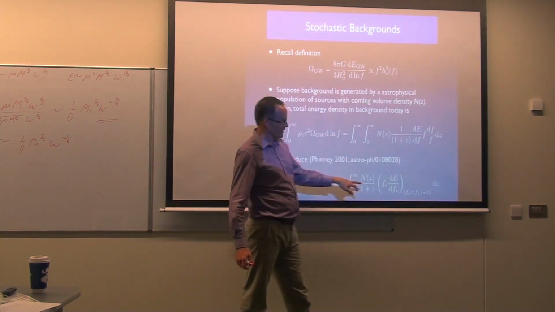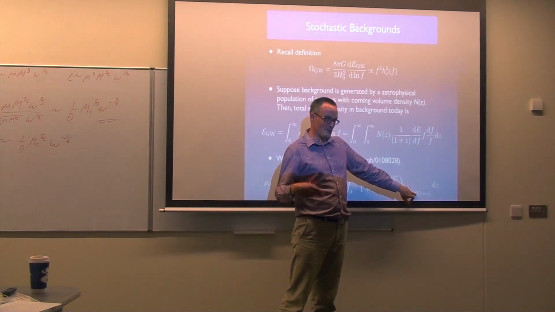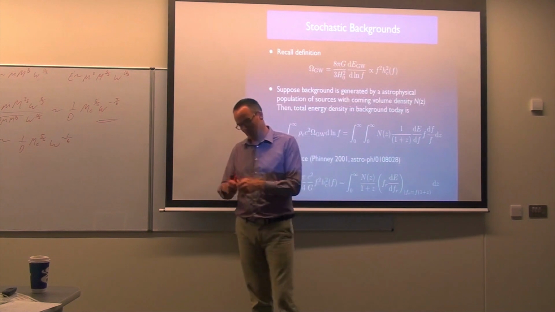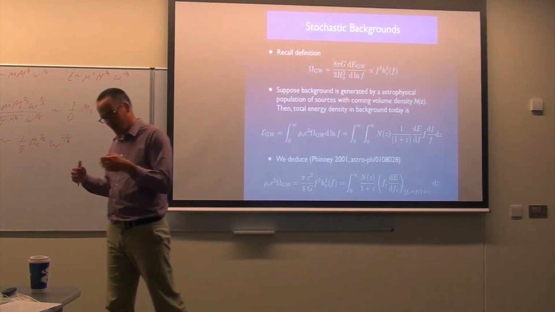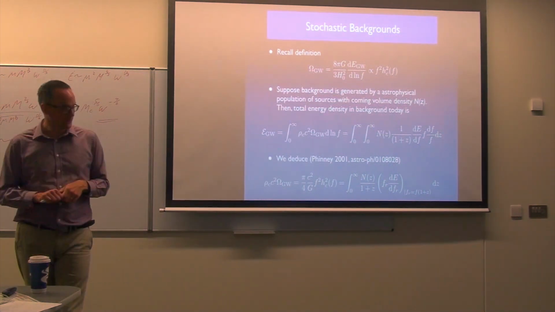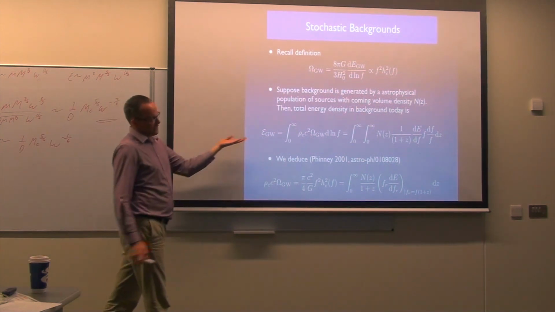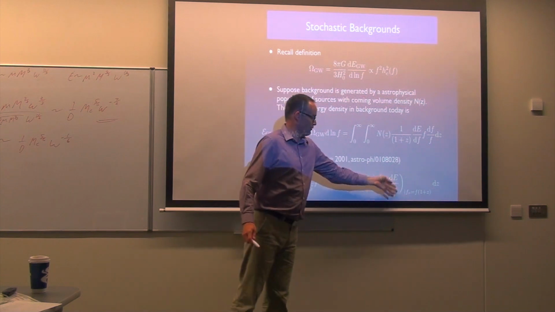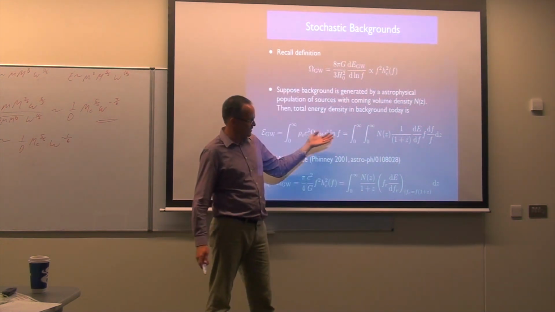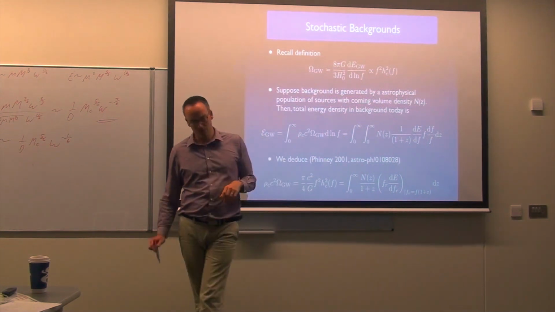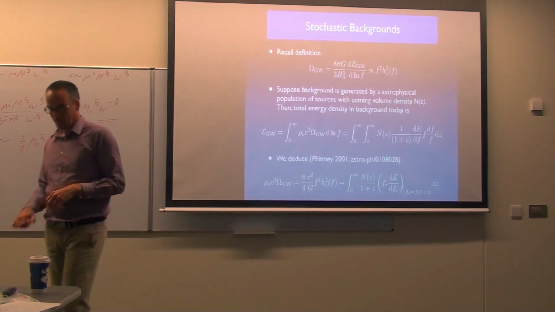So we've got the energy density at frequency f. For a source at redshift z, the emission frequency was f times 1 plus z, because the emission frequency was higher because it's being redshifted to this point. So if you have a particular population model that gives you n of z, you can work out f df for your systems, and then you can construct this integral. You can get this energy density in sources today.